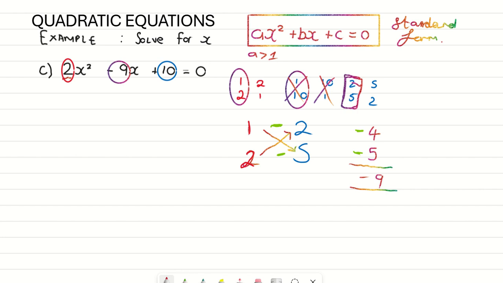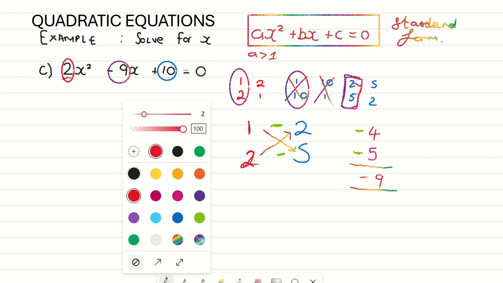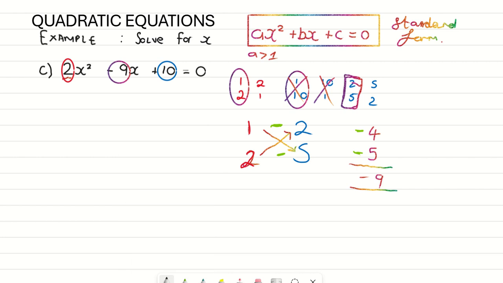So our set of answers for this problem is going to be this, where the red represents your x, 1x and 2x, and the blue represents your constant. So the factorized answer here is x minus 2 and 2x minus 5, all equal to 0.